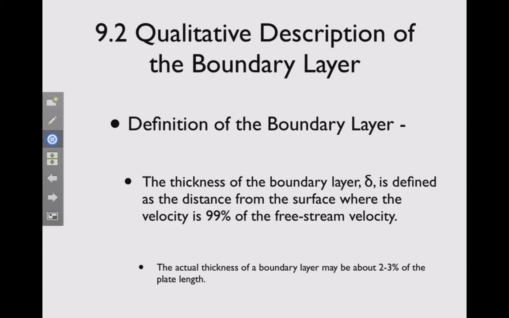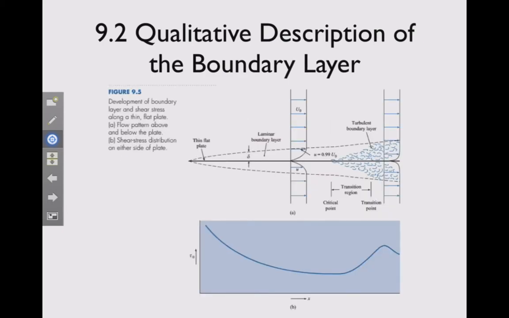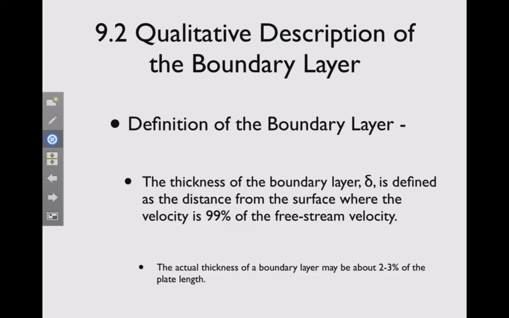So just summarizing now, going into section 9.2, looking at a qualitative description of the boundary layer, we can define what we mean by the boundary layer. I'll just skip forward here. The boundary layer really is defined by this dashed line. This is what the velocity flow looks like over a flat plate, which is what we've been dealing with here.